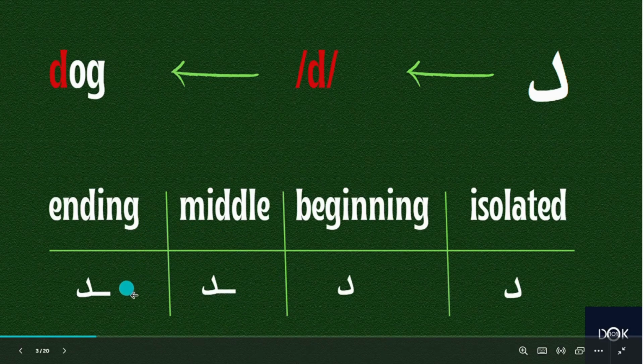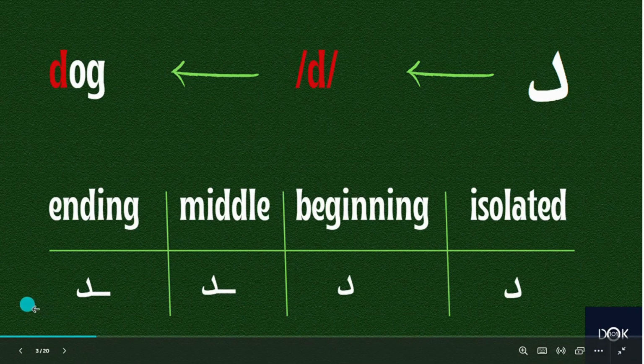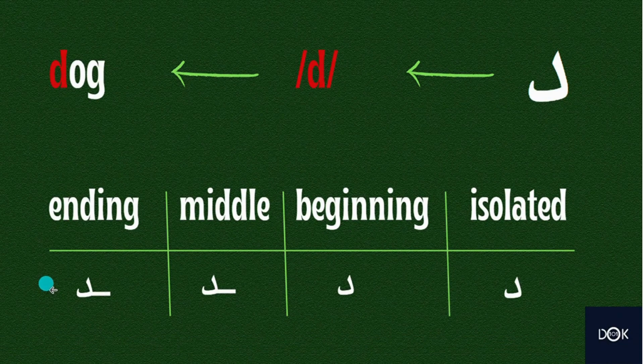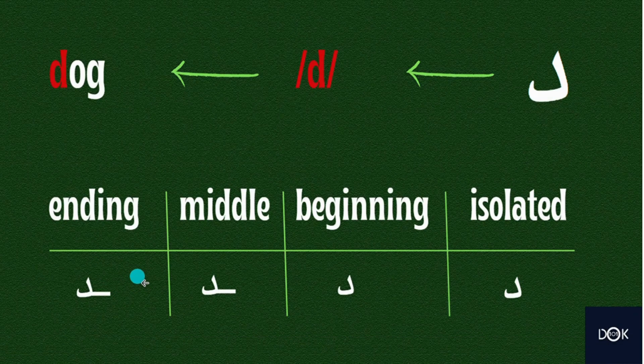Same goes for the ending, but remember that Dal can also be found in an isolated form at the end of a word. And this rule is the same for all the letters in Arabic. When any letter of Arabic appears at the end of the word, we can see it being attached to the letter before it, or it could be in an isolated form.